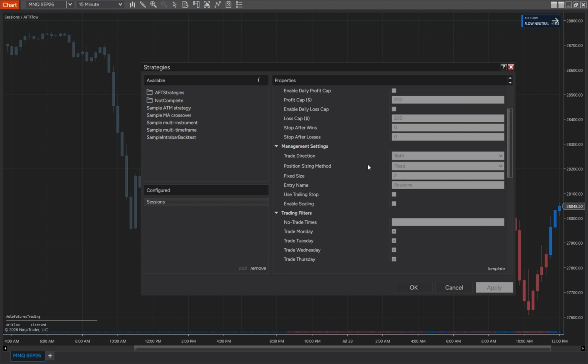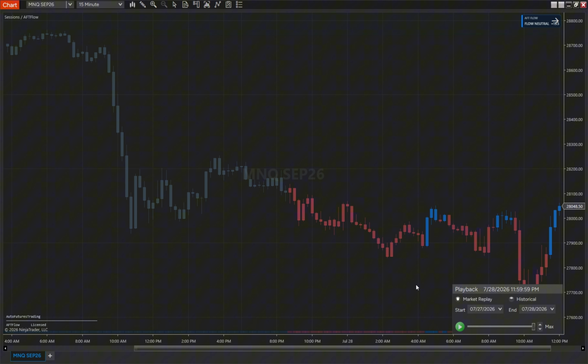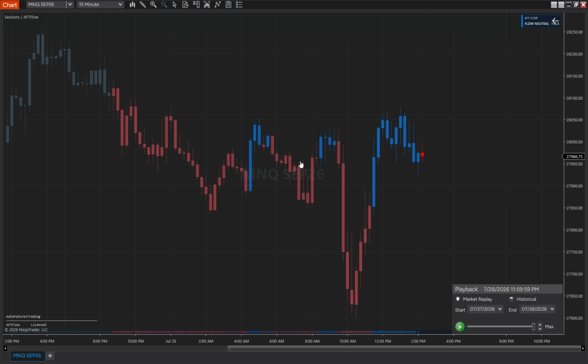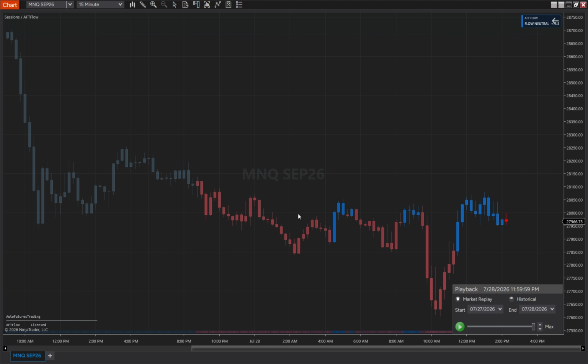It also includes optional scaling, which would be here, and the trailing stop, allowing part of the position to be closed after price reaches a selected portion of the target, as well as an optional trailing feature that can protect the progress once the movement develops. So if it turns against you, you're not just going to get fully blown out.